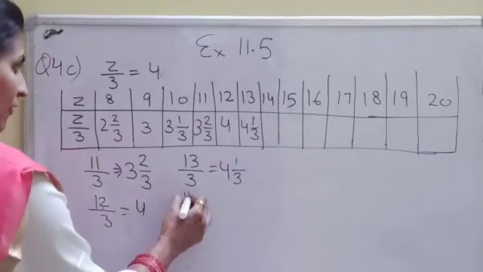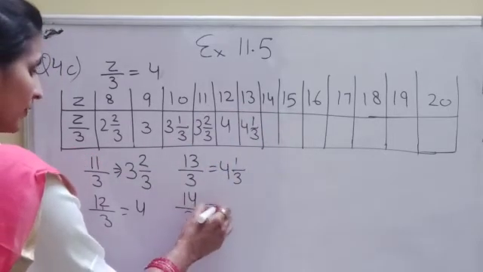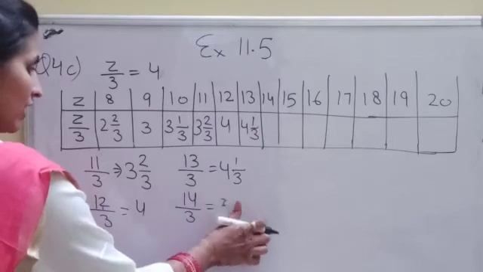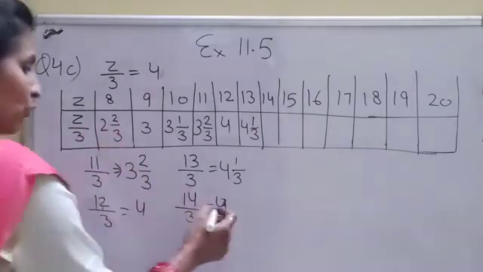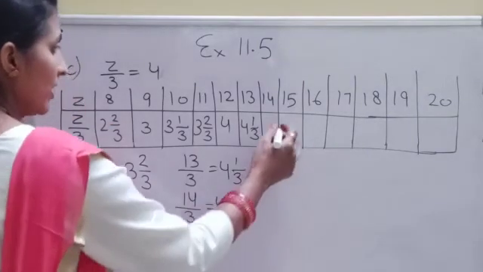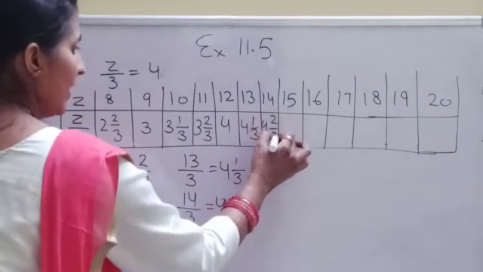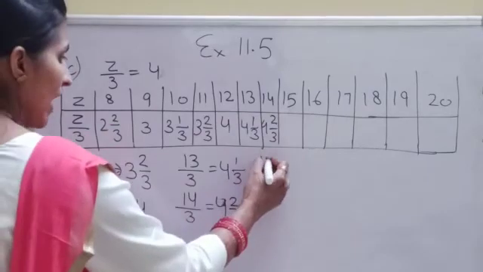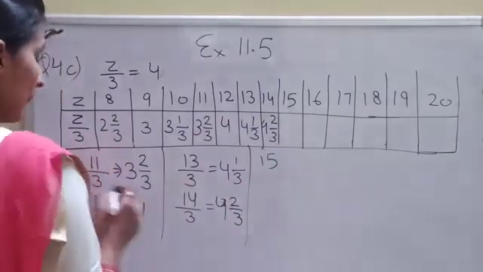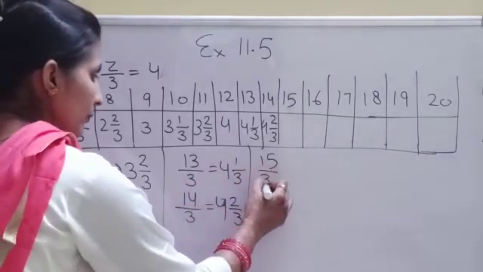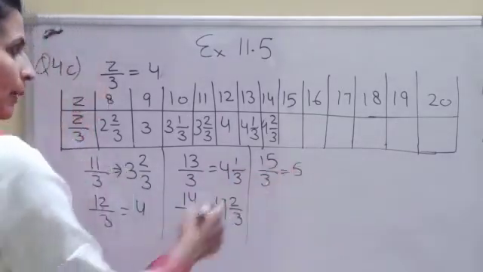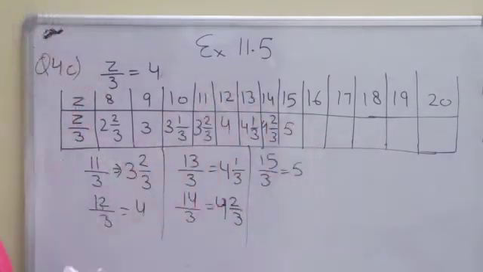If we keep the value as 14 by 3, so 3 4s are 12, 13, 14, 2 is left, so 2 by 3. So 4 and 2 by 3. If we keep the value as 15 in place of z, so 15 divided by 3, 3 5s are 15, completely divisible, so 5.